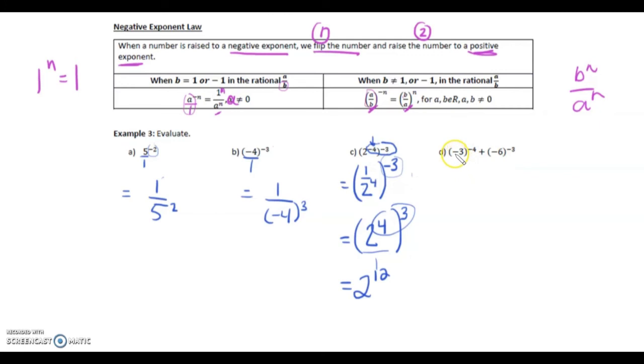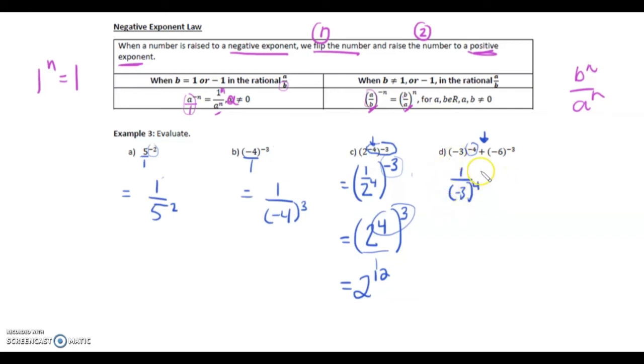Okay, and the last one. This is an addition, so we're going to solve each individually and then add them. So -3, since there's a negative exponent, turns into 1 over -3 to the positive 4.